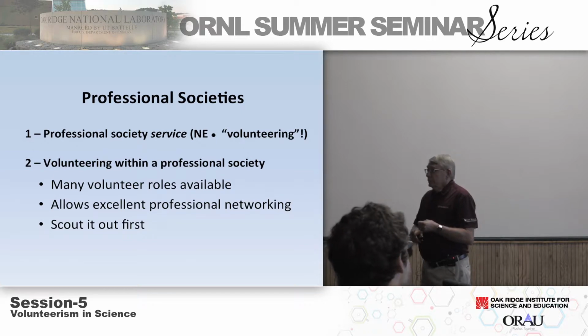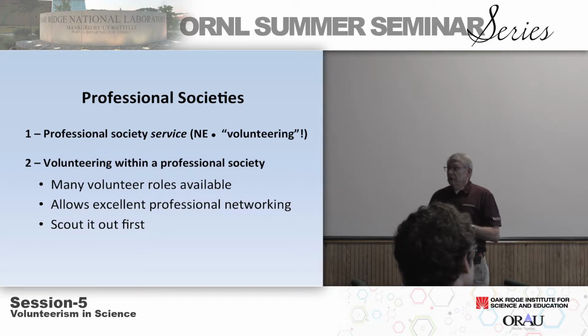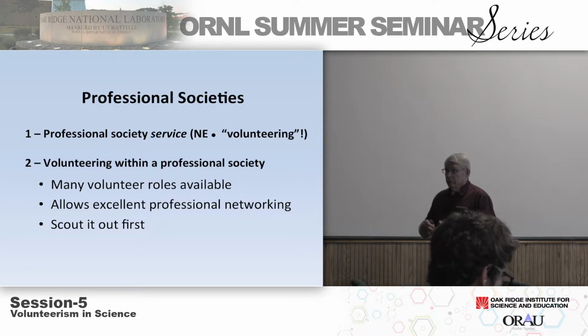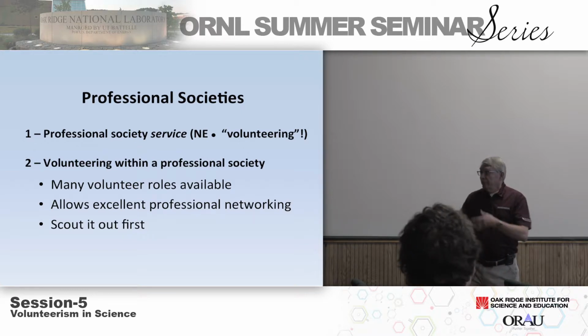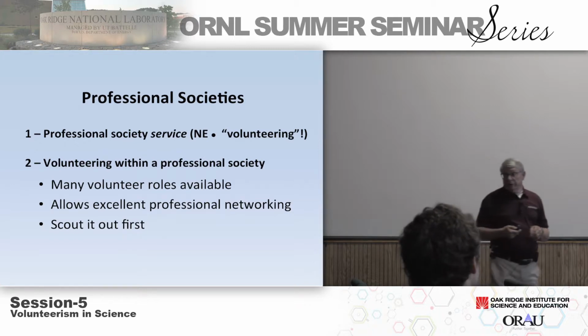For example, AAAS or some of those kinds of places, they will ask you to become not just a member where you pay dues, but you also put in time reviewing the papers that are submitted to that journal. So you're likely to become a paper reviewer, a manuscript reviewer. So those kinds of obligations and expectations of service from these members go above and beyond those of volunteering per se.